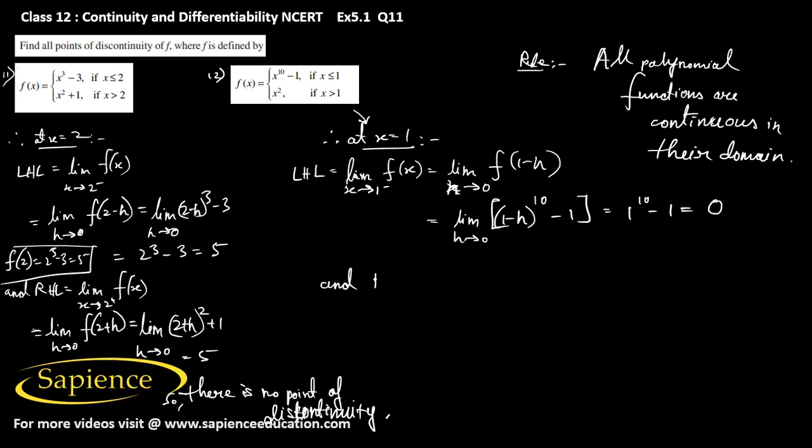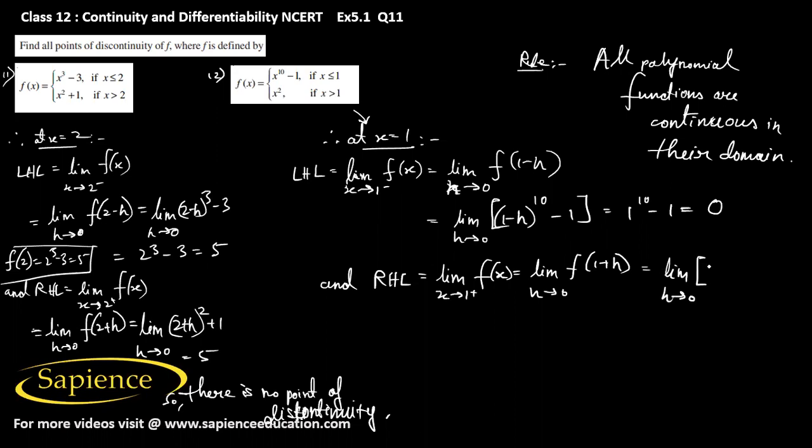And then we need to find the right hand limit, that is equal to limit x tends to 1 plus f of x. So that will be equal to limit h tends to 0 f of 1 plus h. So it will be limit h tends to 0, 1 plus h whole square.